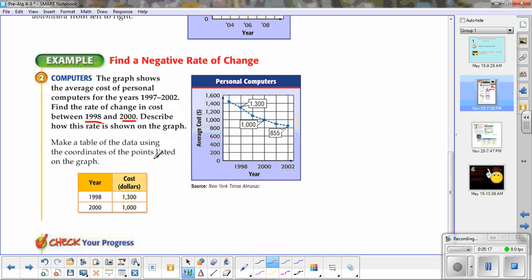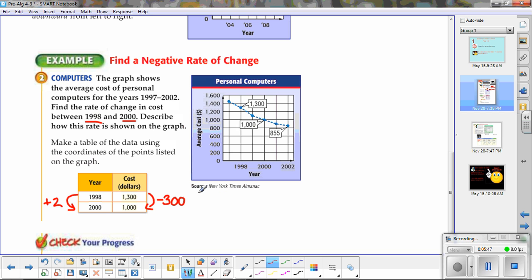So if I want to show the rate of change in cost between those years, I want the change in the cost. It went from 1,300 to 1,000. That change was a negative 300 because it went down $300 over the course of 1998 to 2000. That is 2 years.